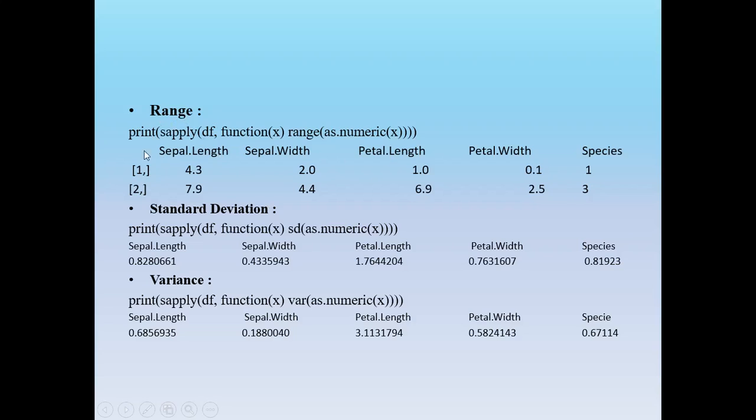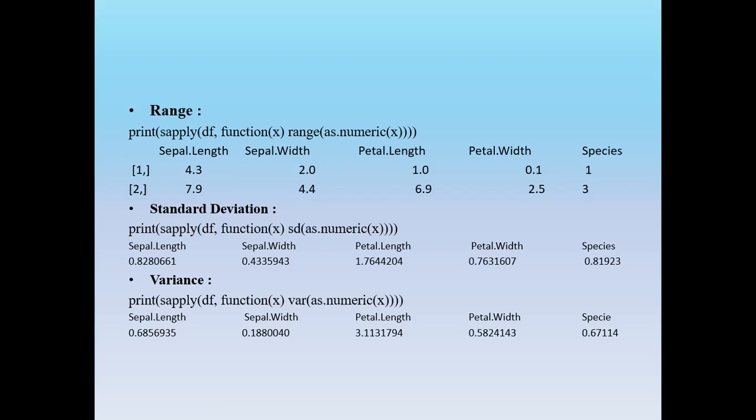So we get the minimum and the maximum, and subtract the maximum minus the minimum, so you get the range. So 4.3 was already given in the previous slide, and 7.9 was given in the previous slide of the maximum.